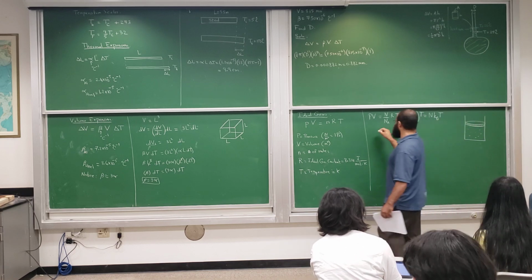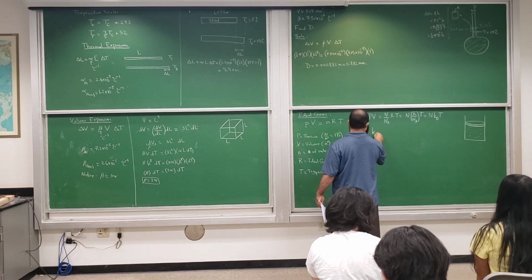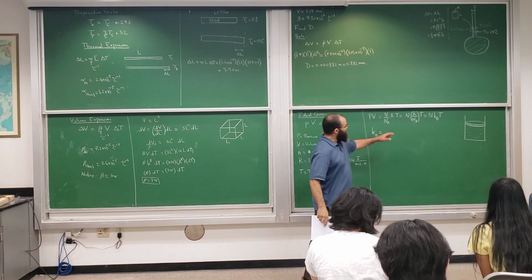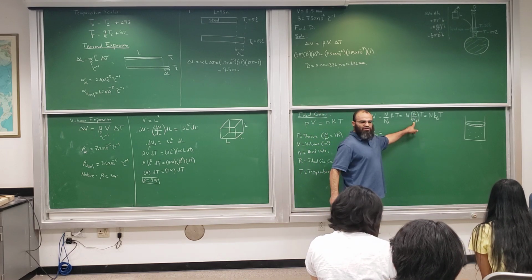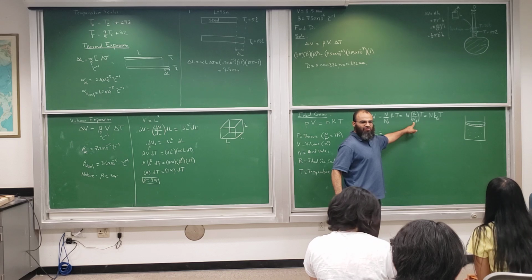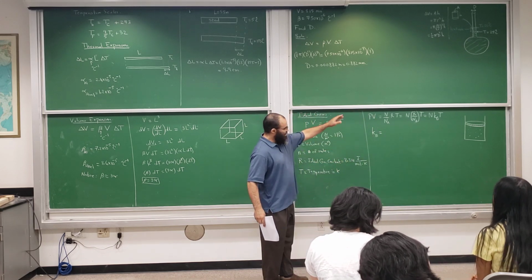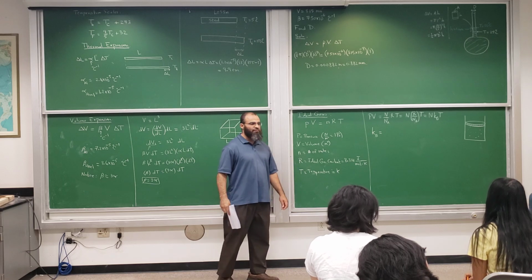So this kB is R divided by Avogadro's number, 6.022 times 10 to the 23. So you have 8.314 divided by Avogadro's number. What do you get?